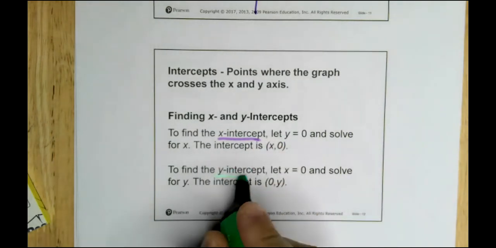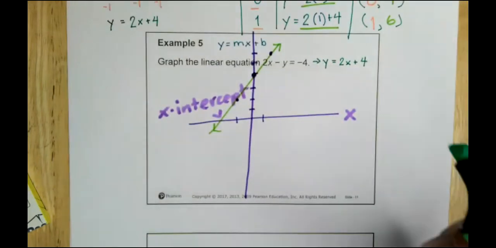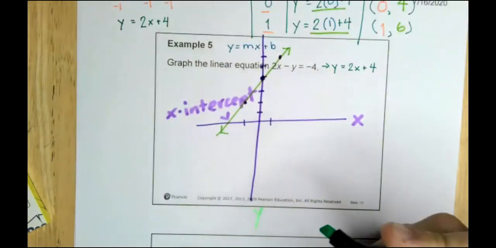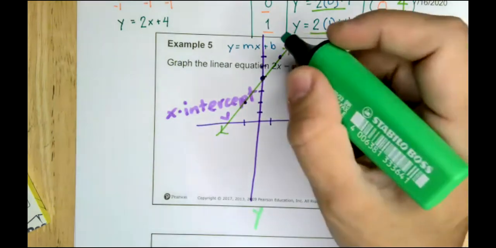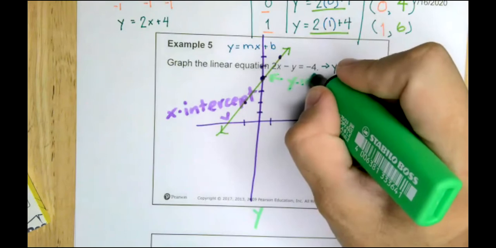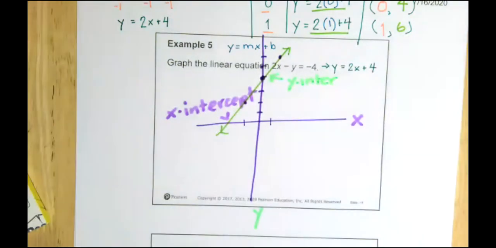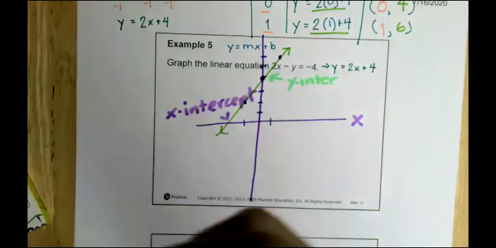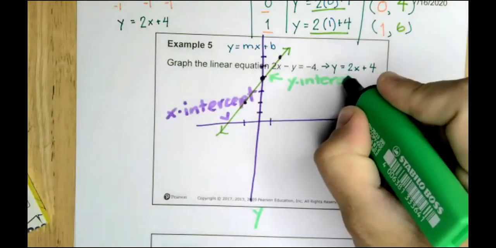Now for the y-intercept, here is y. So this is our y-intercept for this line.